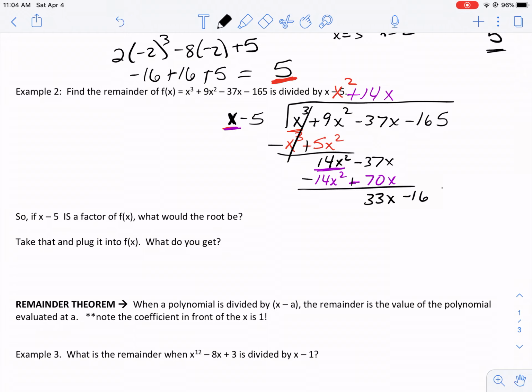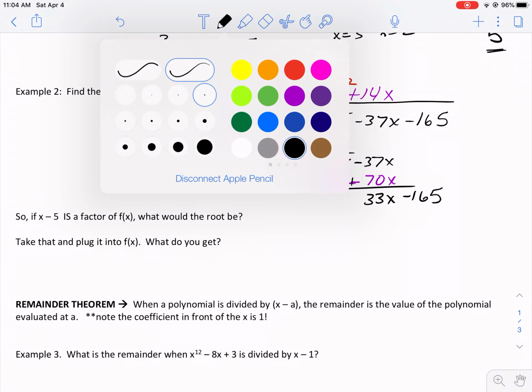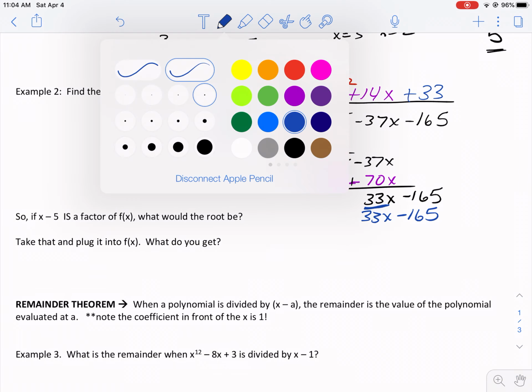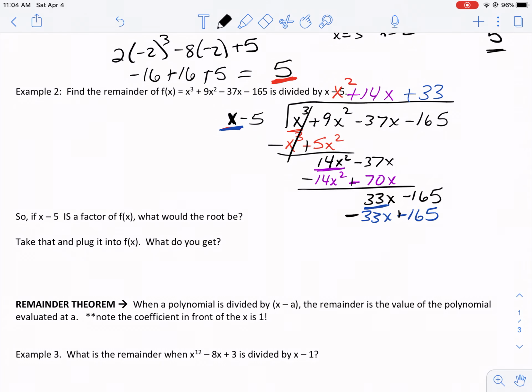Bring down the negative 165. What do I multiply the x by to get a 33x? A positive 33. So I get 33x minus 165. Subtraction step, change both the signs. The 33's cancel, and so do the 165's. So I get a remainder of 0.